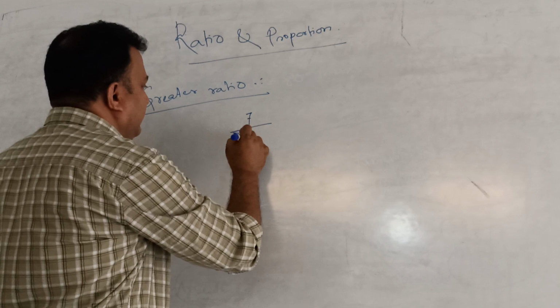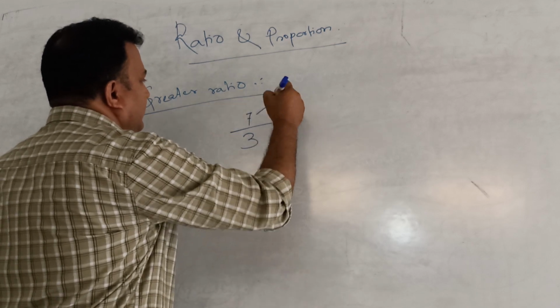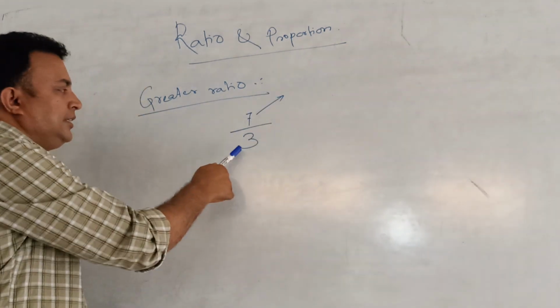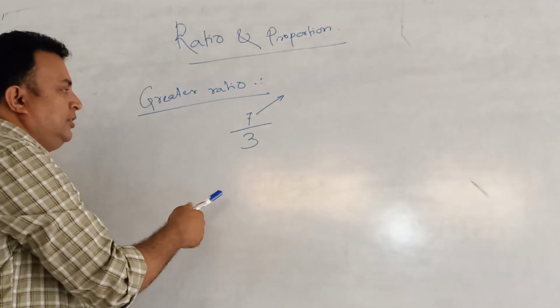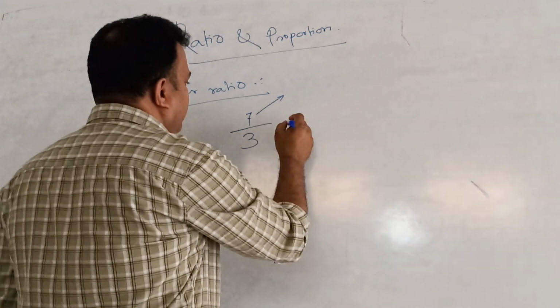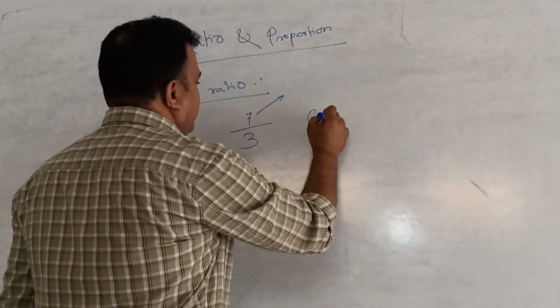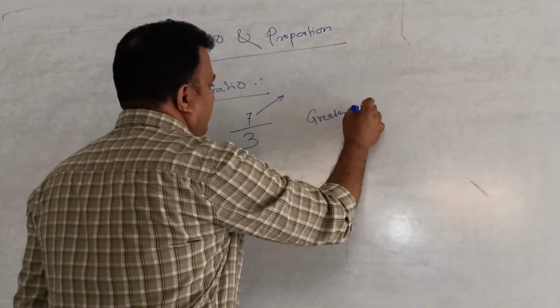Suppose 7 by 3. Here this antecedent part is greater than the consequent part. So it is an example of greater ratio.